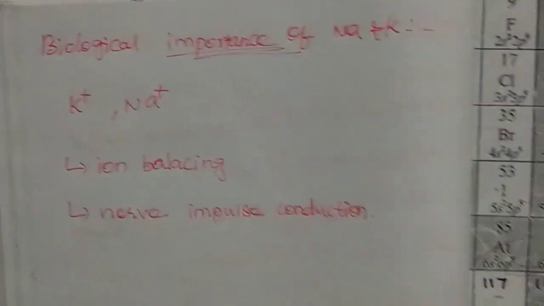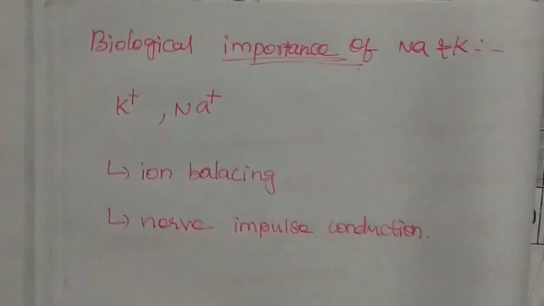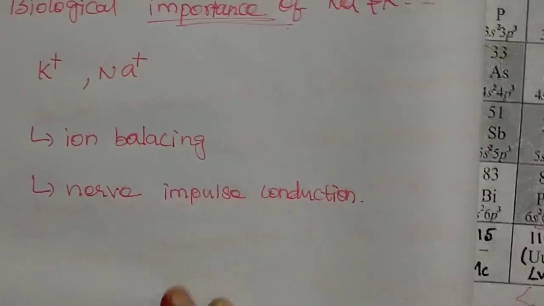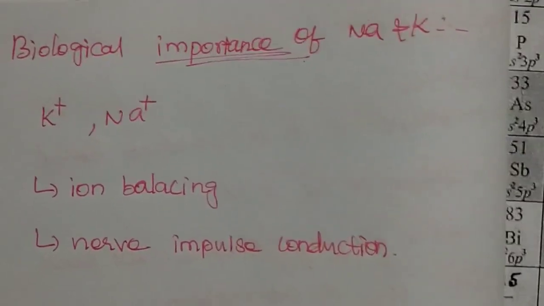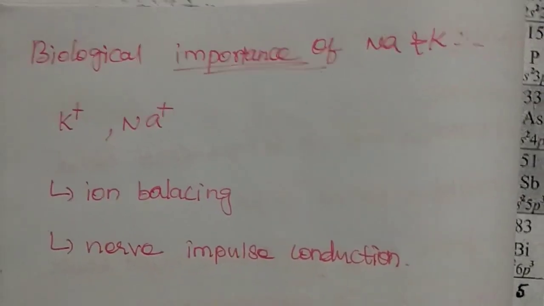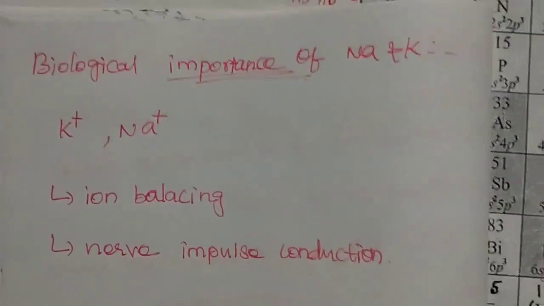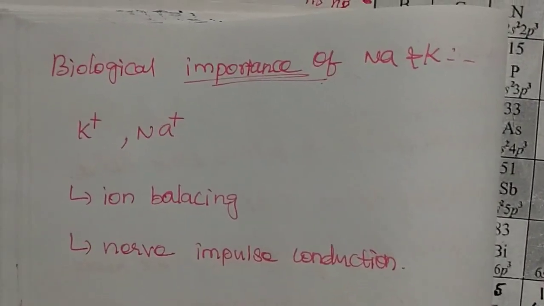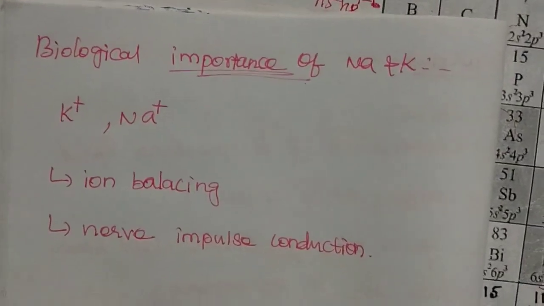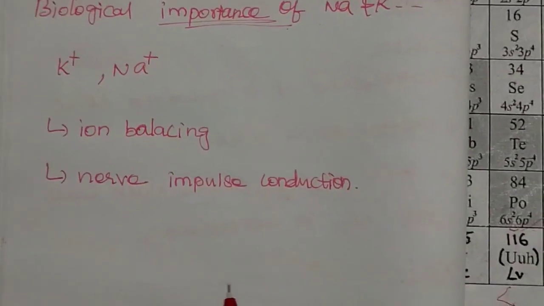Nerve impulse conduction is an important action that takes place in our body. This is important for the actions of the body by the nerves, conducting the nerve impulses in our body.